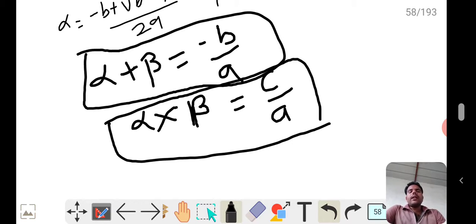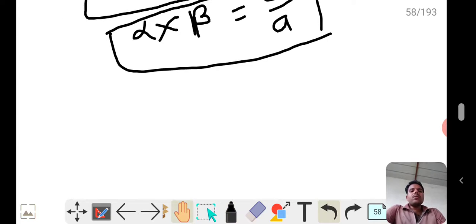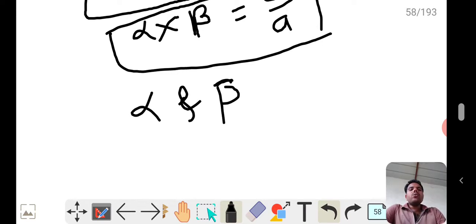So let's see how we obtain the quadratic equation by knowing the roots of quadratic equation. Suppose we have the roots of quadratic equation alpha and beta, and we want to write the quadratic equation.